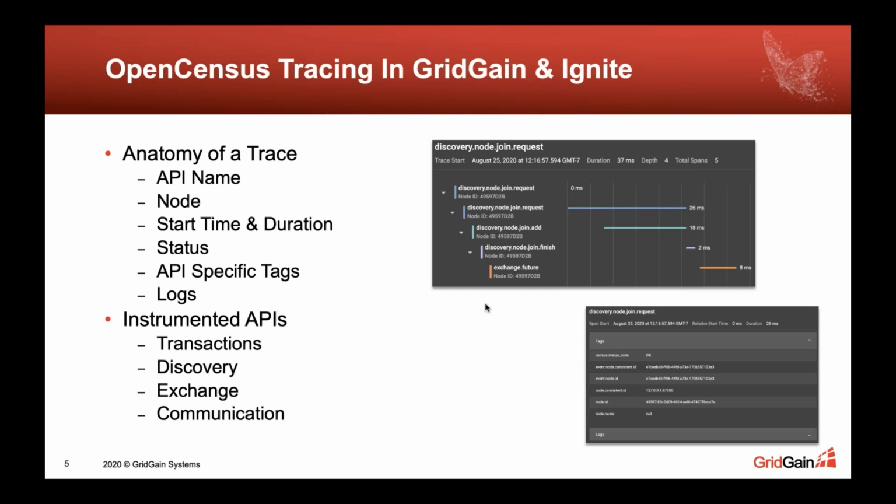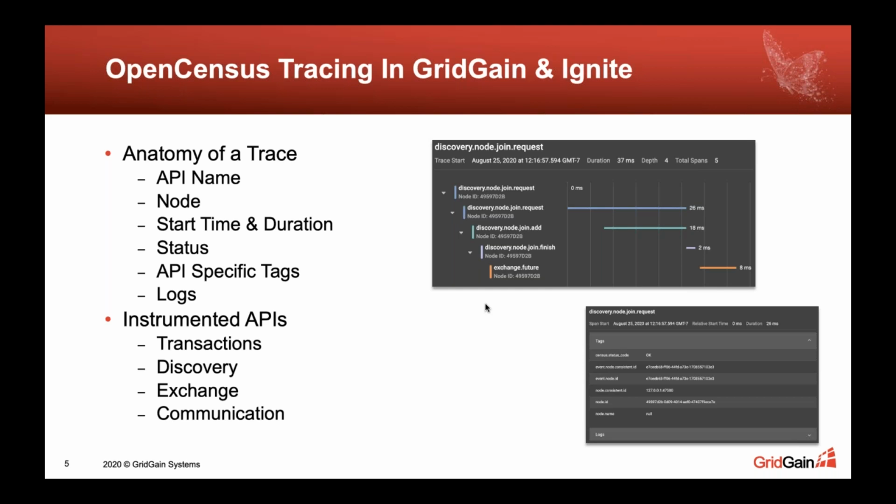So which parts of GridGain and Ignite have been instrumented so far? There's 4 sets of APIs that have been instrumented for span collection. That includes transactions, discovery, exchange, and communication. Today we'll be focusing mostly on transactions.